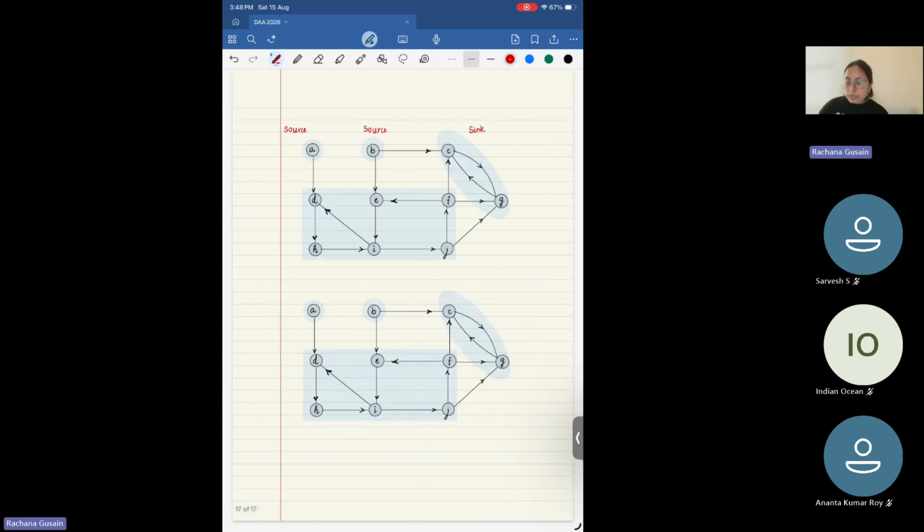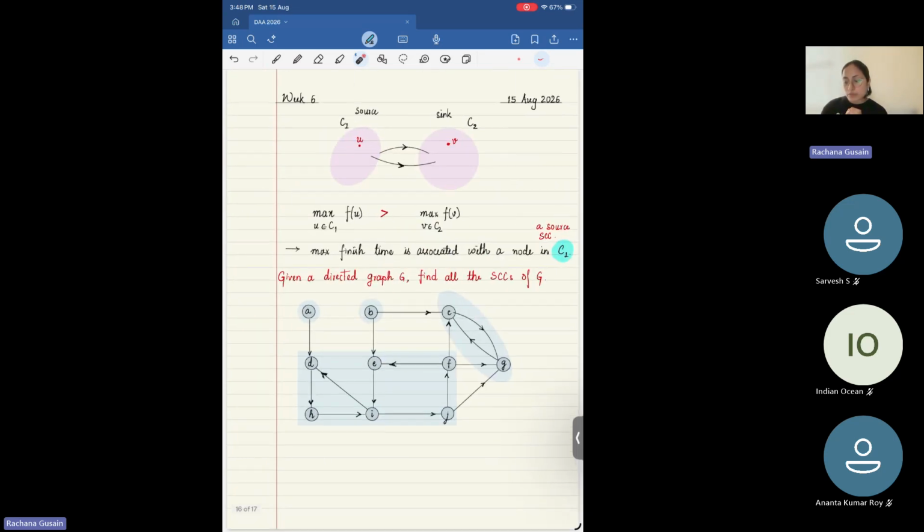So what it means is if I do a DFS on this entire graph and assign start and finish time to every node in this graph, then you will realize that the node which has the highest finish time is going to be either A or B, because they are part of the source strongly connected components. You can try this. And the proof actually follows from this property.